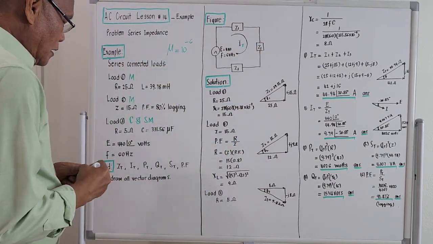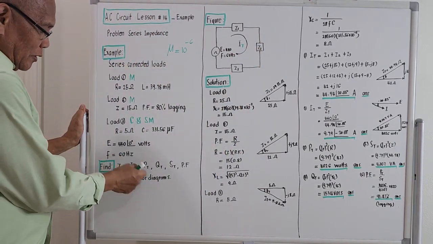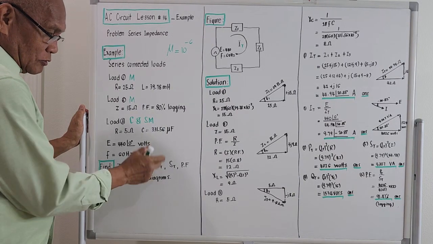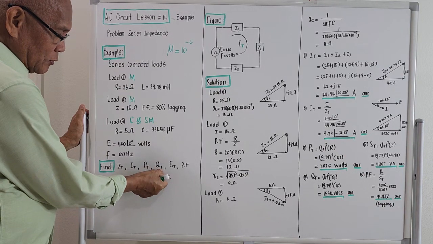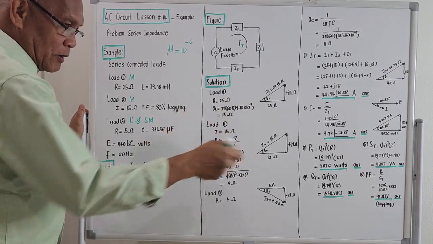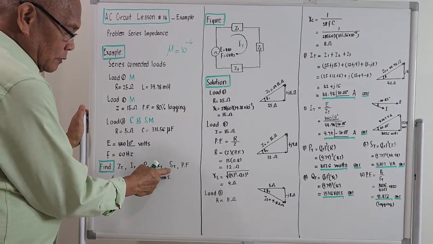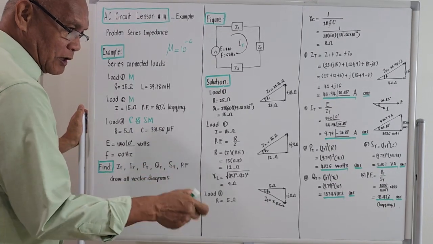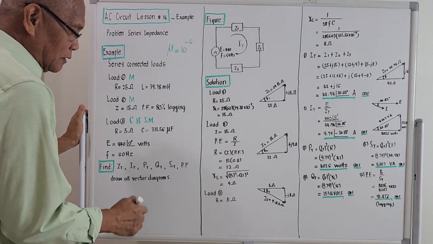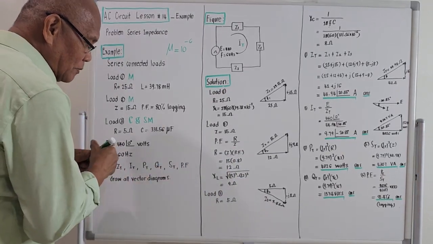Number 3 will be capital P with subscript T, meaning total true power. Next is capital Q with subscript T, meaning total reactive power. Next is capital S with subscript T, meaning total apparent power. And the last one is PF, meaning power factor.